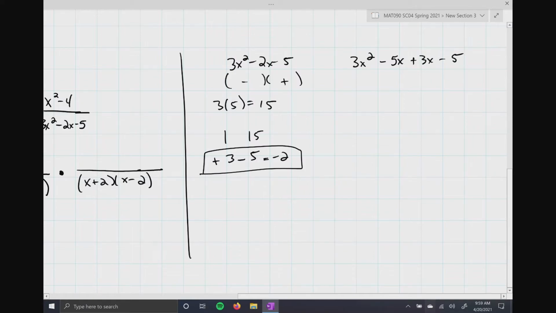The reason I chose minus 5x first is because when I factor by grouping, which I'm doing right now, that middle sign is positive. That's why I did it. So now I look for a mini GCF. I can factor out an x. In the second grouping, there isn't one.